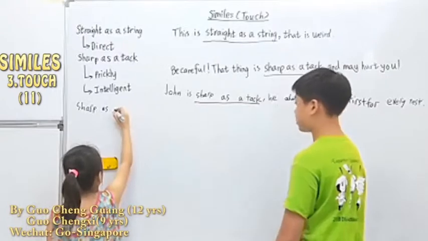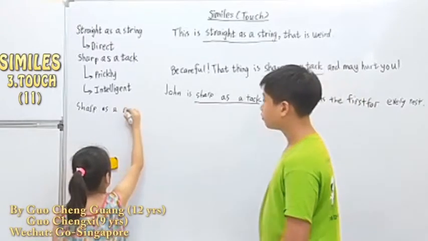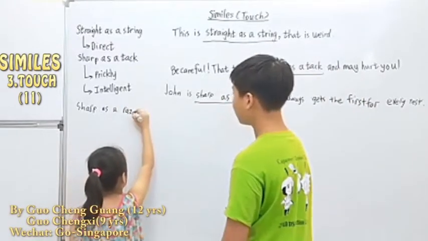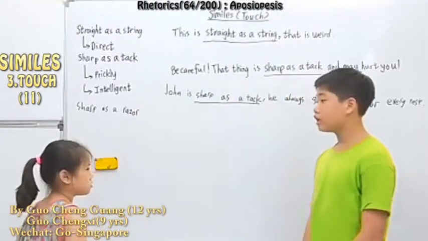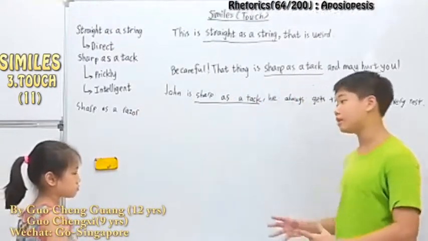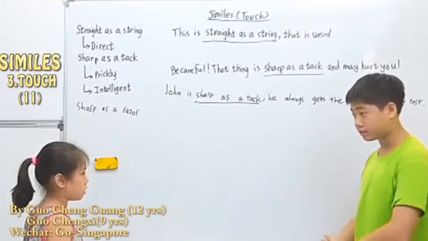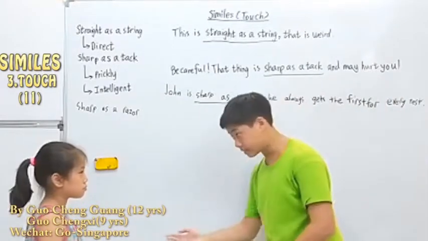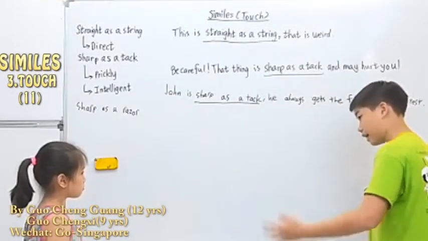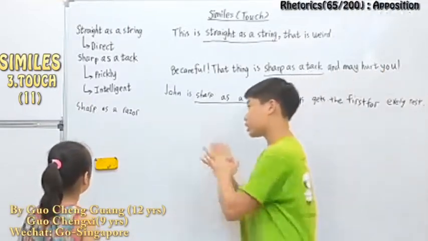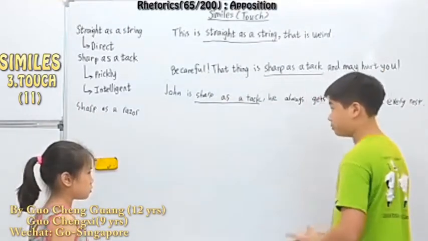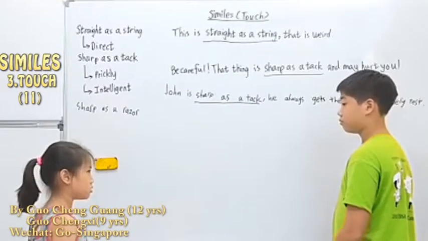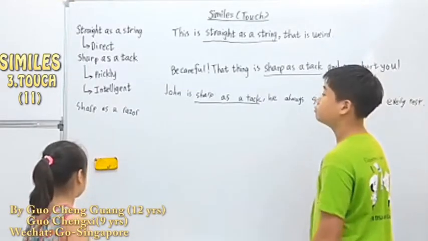Sharp as something. Sharp as a razor. Now razors, it can be something that you use to cut, right? Those blades. Okay, yes, it can be blades. It can be part of a sword, right? Yep. Like those you can call razors. It can be a weapon. The razor end. Okay, yes, maybe.